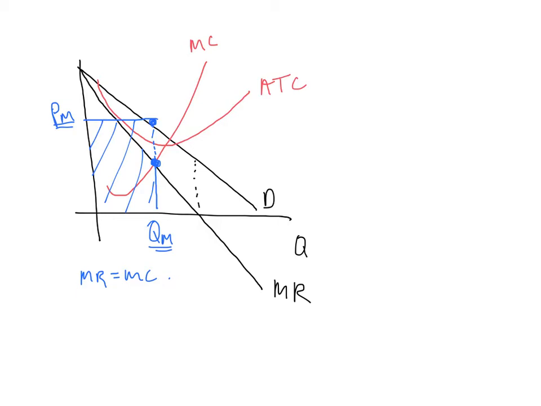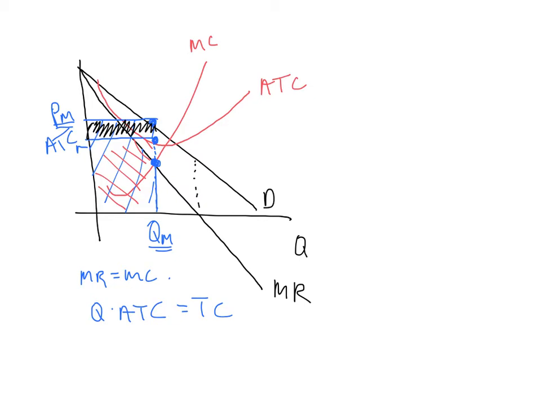We can now remember that Q times ATC equals TC, and so we can follow our Q up to the ATC curve. That's right here. There's ATCM, and this is going to give us the total cost box, and therefore this area is going to be the profits for the monopolist.